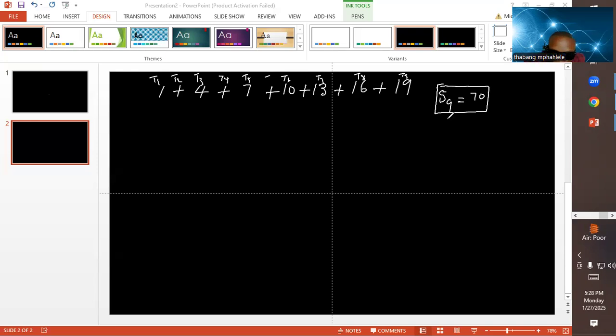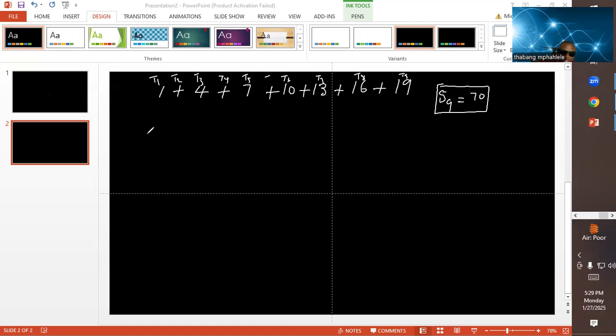Now, I want us to make maths interesting. What I want us to do is to find the sum of these terms by making use of a formula. Not adding every term individually, not saying 1 plus 4 plus 7 plus 10, but by making use of the formula.